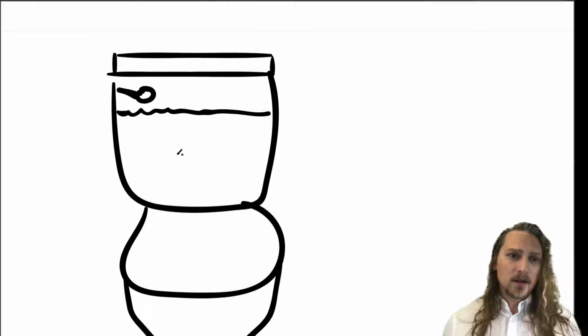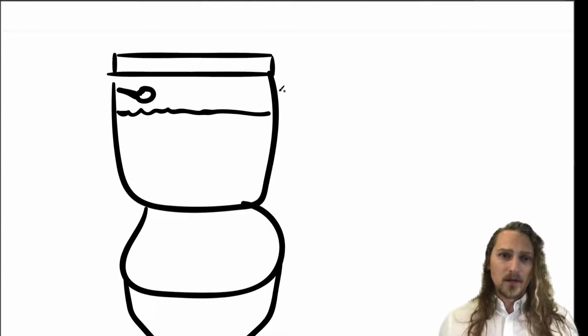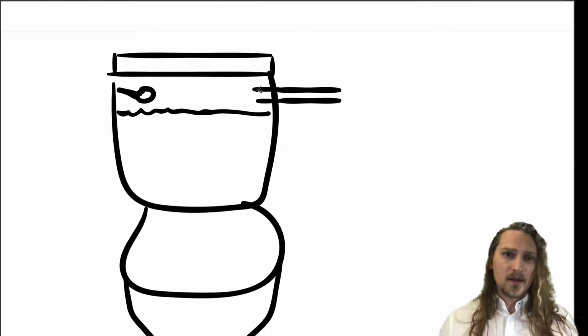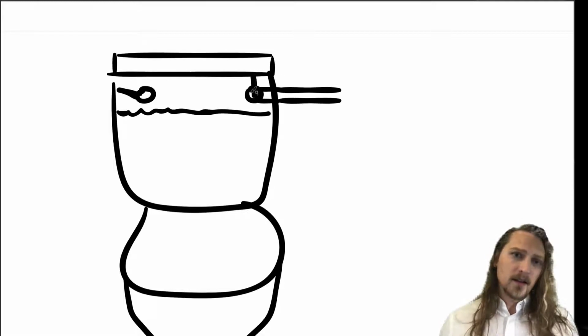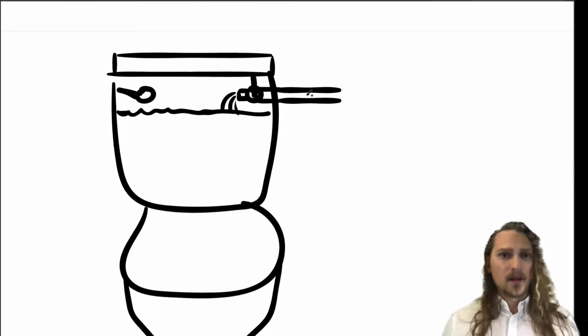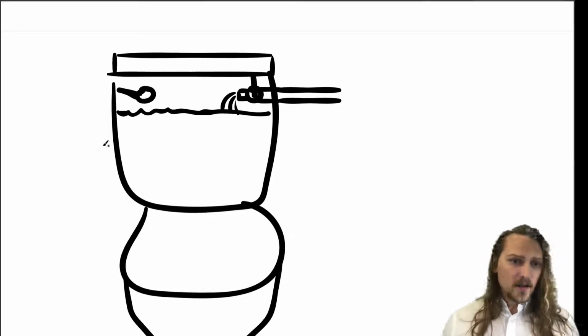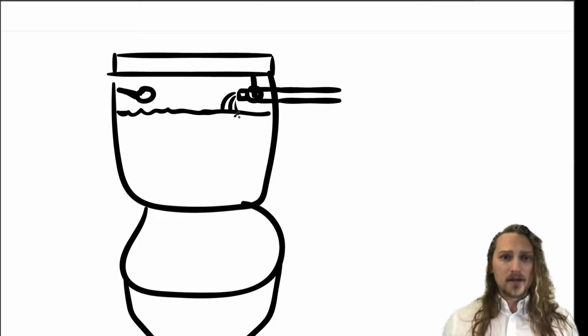And that water comes usually from the wall. So we can think of it as coming in like this, and it has a valve on it. So we'll draw in a little valve, and then it has a spout that allows it to fill up this tank. Well, as that level rises, so let's say the toilet was flushed and now the tank is refilling with water. As it reaches a certain level, what happens?